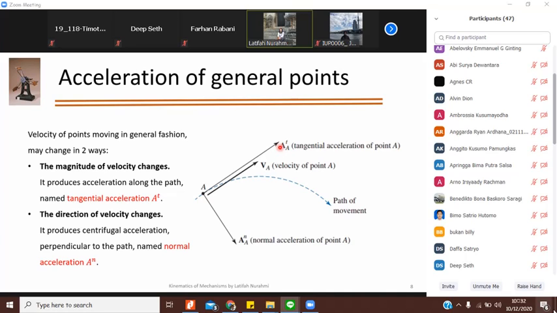Now we have two ways of defining this. The first one, the magnitude of velocity changes, so it produces acceleration along the path. The value of VA always changes, so this is not the case of constant velocity, and it will produce tangential acceleration.